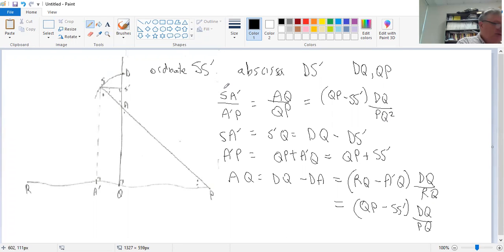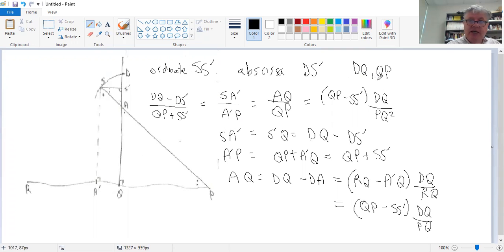And this is equal to this side over here, which is equal to DQ minus DS prime over QP plus SS prime. Okay, so we've put it in terms of everything that is either the ordinate, the abscissa, or the given stuff.